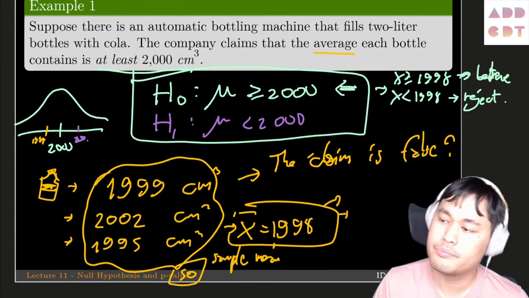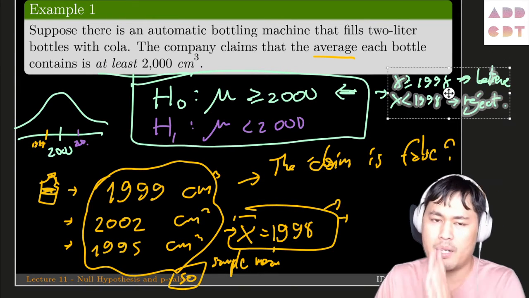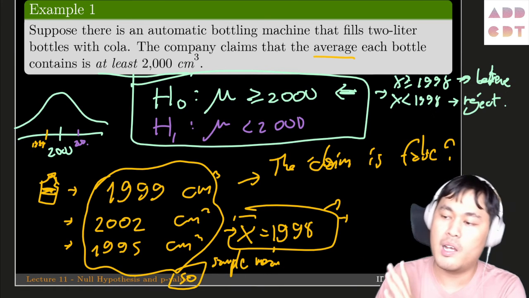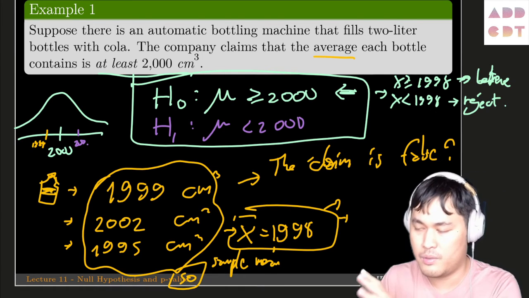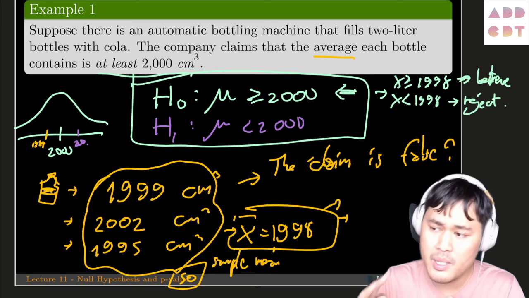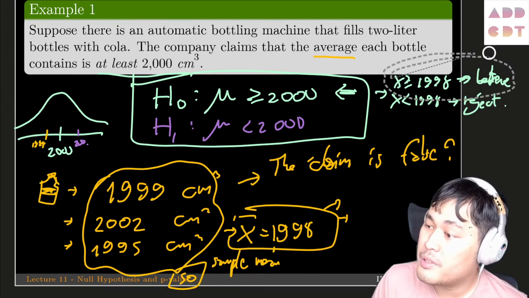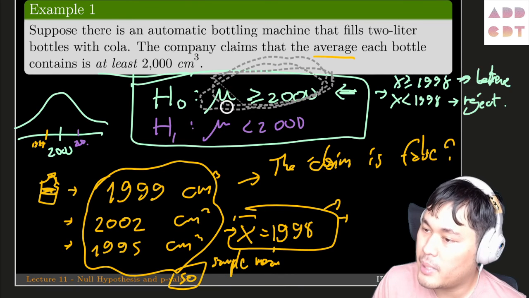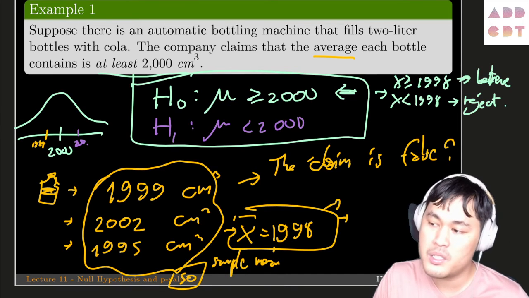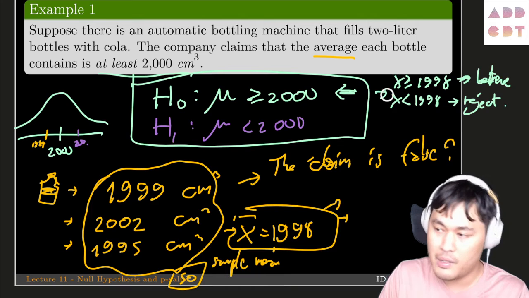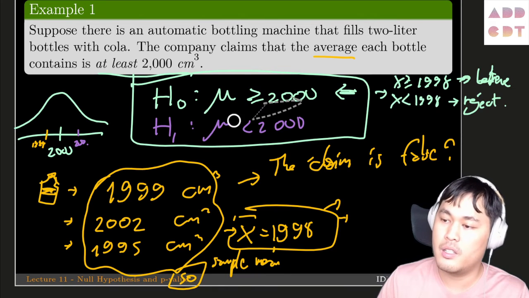Based on the claim, we have to have a policy. We have to have a cutoff: which values are going to be convincing enough that we will still believe what we assumed in the first place, or which kind of evidence should be convincing enough that we are going to reject the claim.